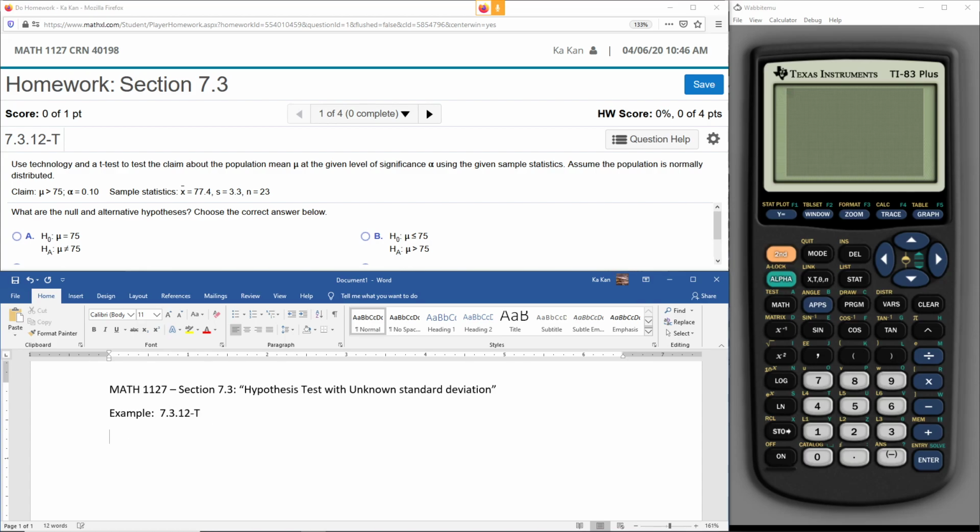Now for example, 7.3.12t. For this problem, just like before, you're given the claim and the sample statistics.